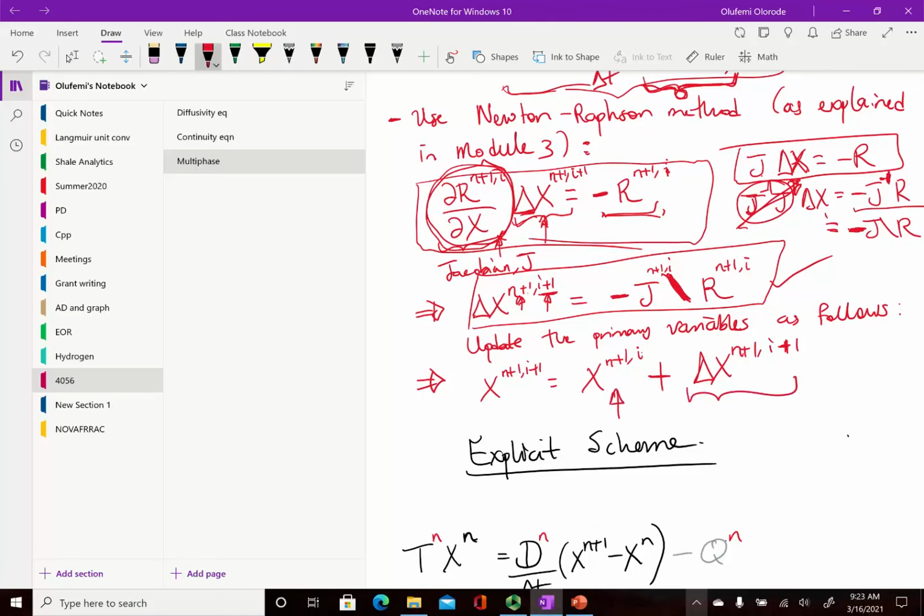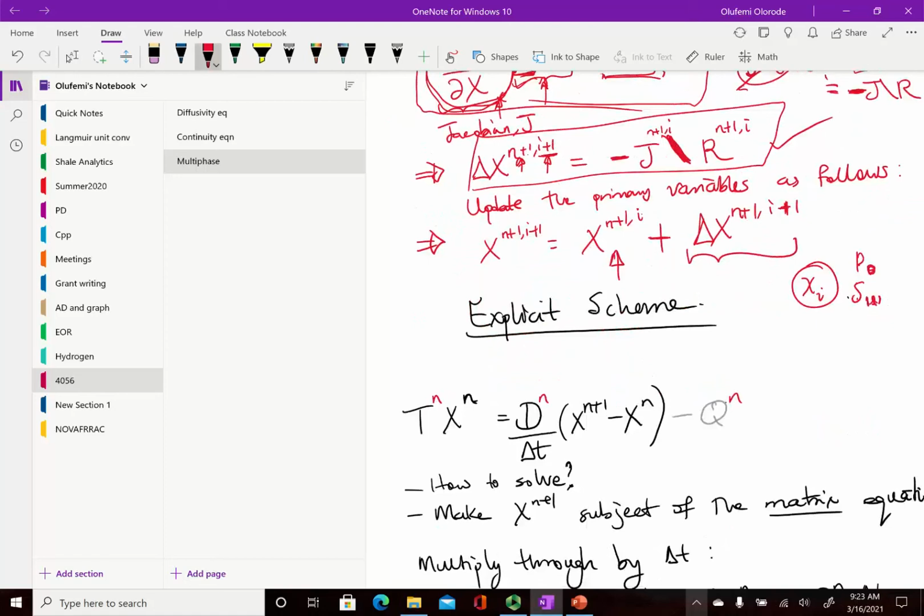So starting out the simulation, you will be given initial conditions. So that will be initial pressures and initial saturations everywhere in the domain. And then you begin to increase the time step, and within each time step you change the iteration level.